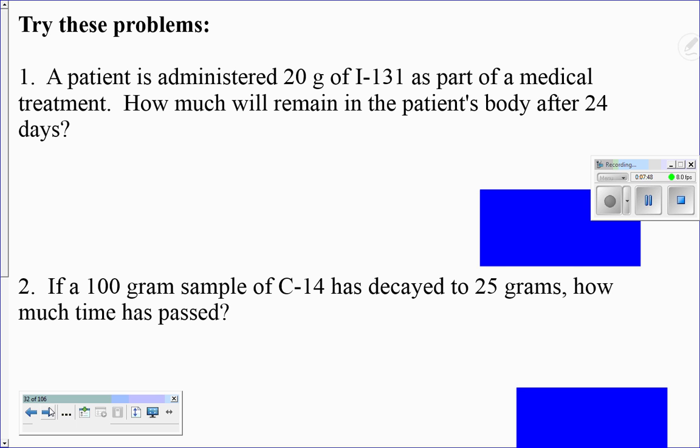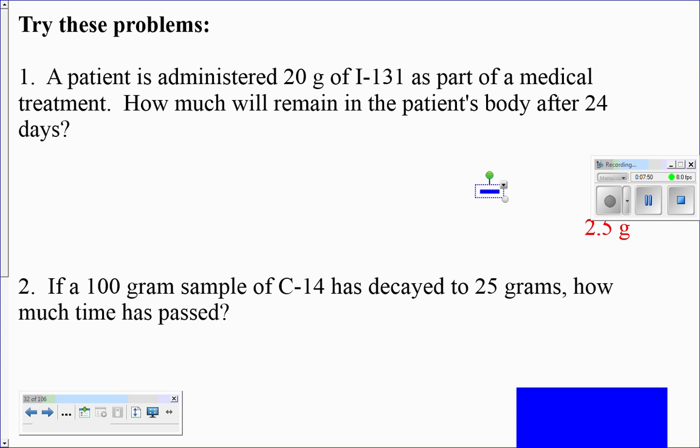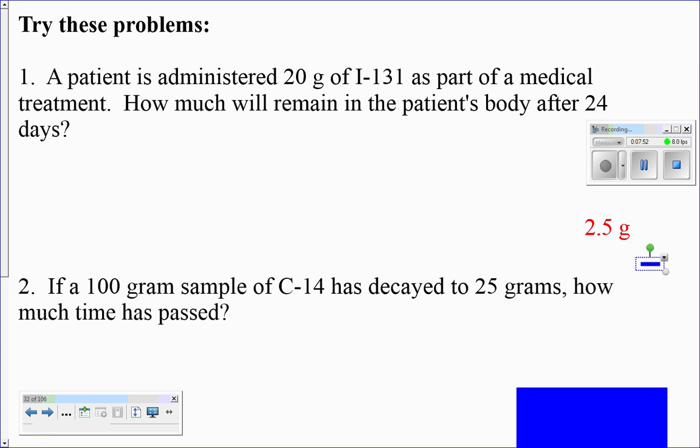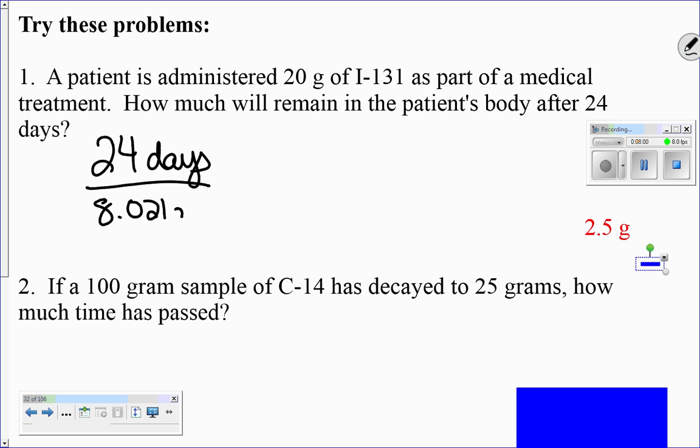The answer for our first problem is 2.5 grams. Just to show you the work for this quickly, we have a total of 24 days divided by 8.021 days, giving us about 3 half-lives.